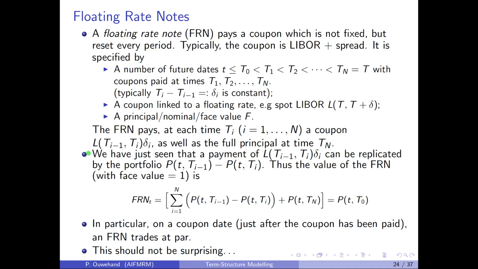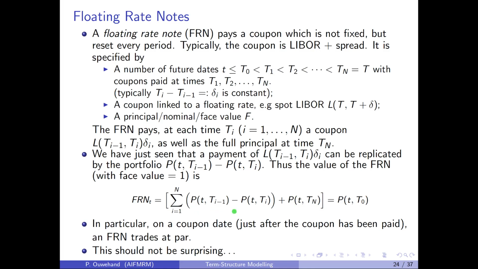Now we have just seen that a payment of spot LIBOR can be replicated by a portfolio consisting of two bonds, as shown. And thus the value of the floating rate note with face value 1 is simply the sum of these coupon payments, which is given by this sum here, as well as the time little t value of the principal, which is given by this term here.